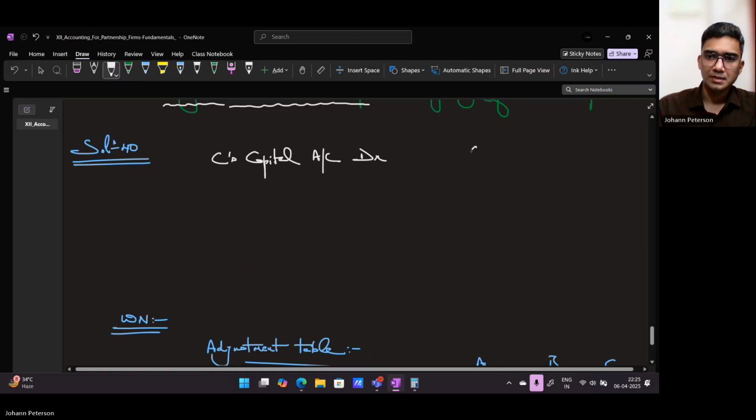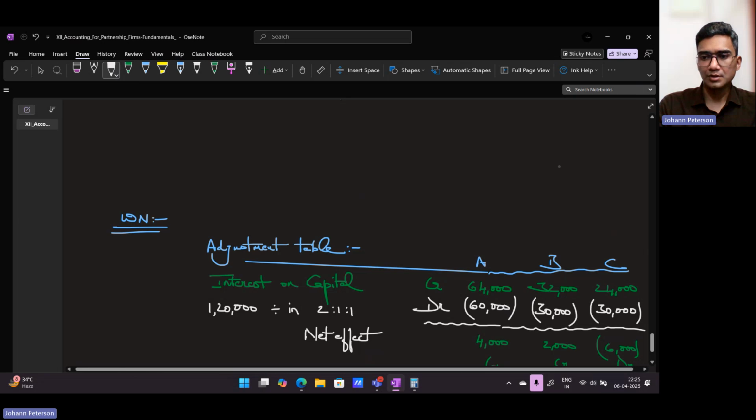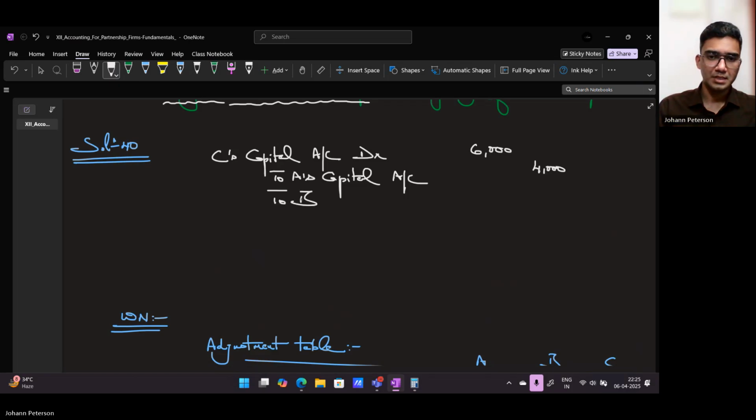Amount is 6,000 to A's capital account. Amount is 4,000, and to B's capital account. The amount is 2,000. The narration will simply be being error rectified.